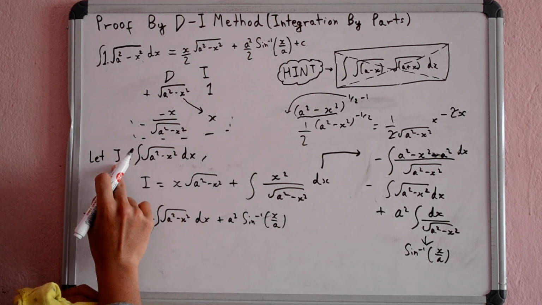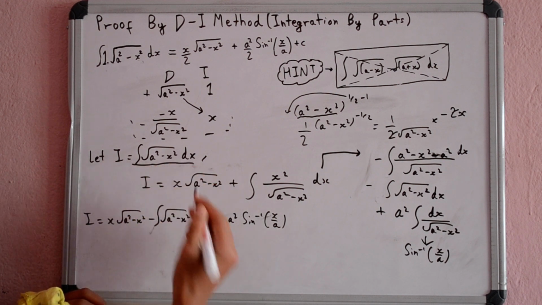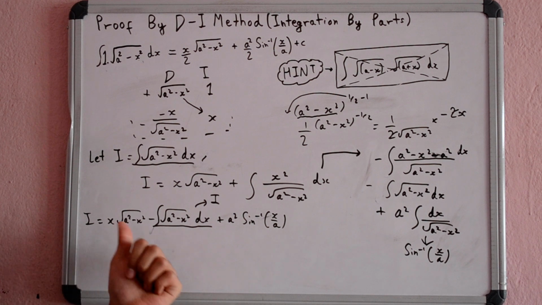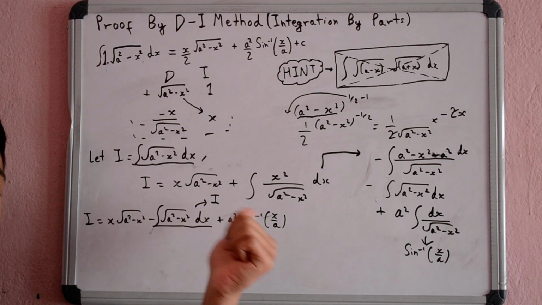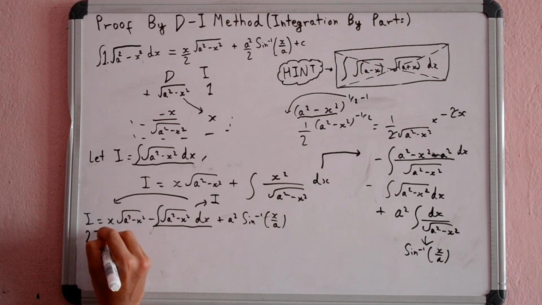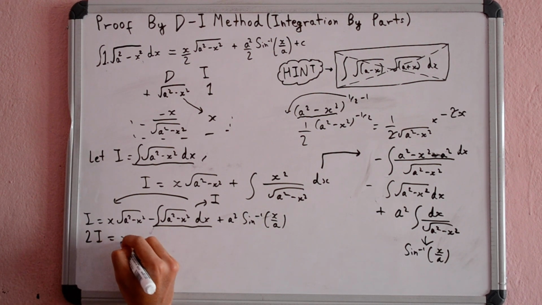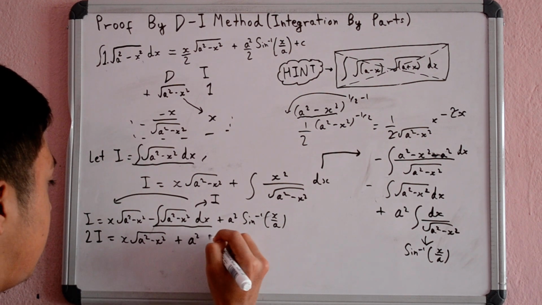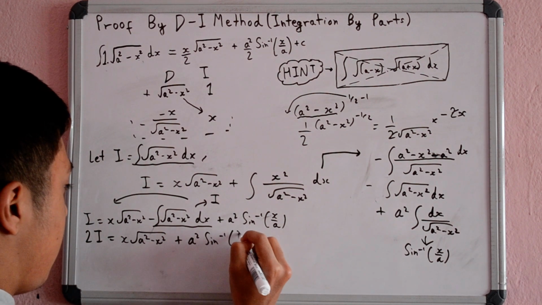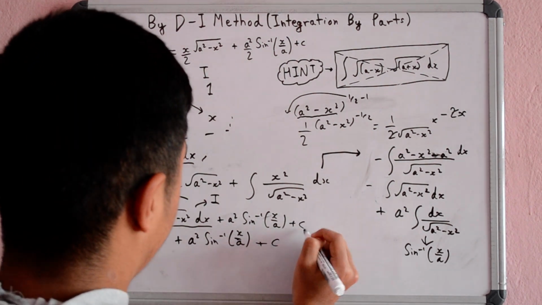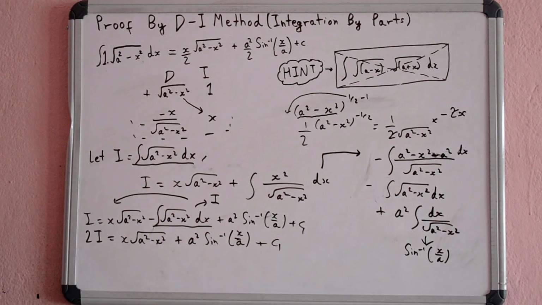Here we have let I equal this part, so this whole thing is in fact I. So we have something something minus I. We can take minus I to the left hand side, so it becomes 2I equals x root a square minus x square plus a square sine inverse x by a, obviously plus c1.